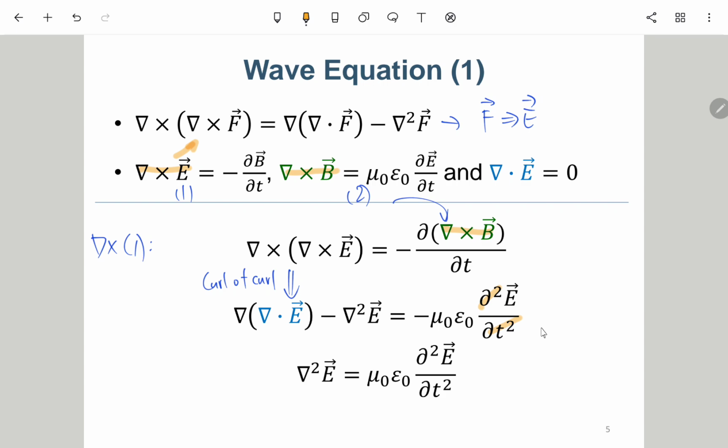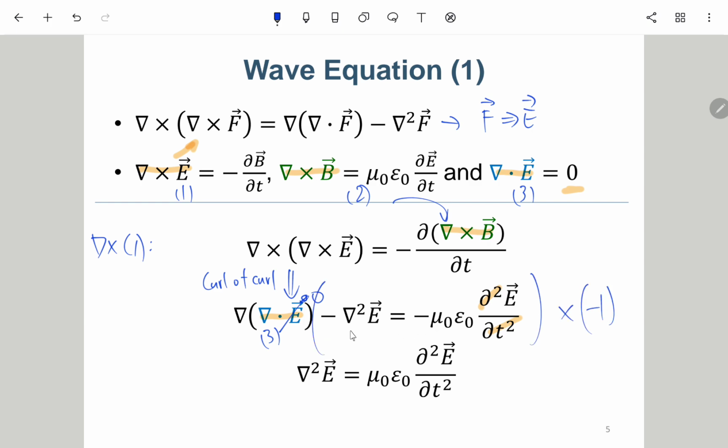We also observe that the divergence of E is here, and it is 0. So we can put equation 3 here, and this one becomes 0. Very good. Finally, we multiply the whole thing by -1.